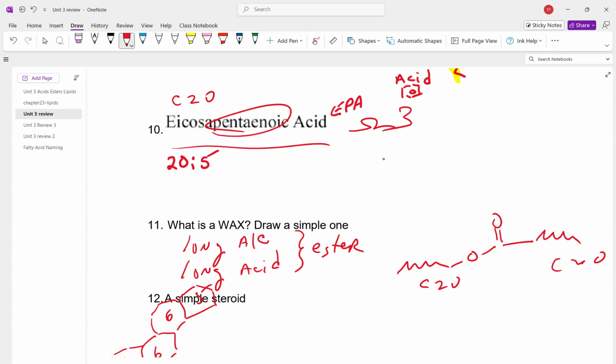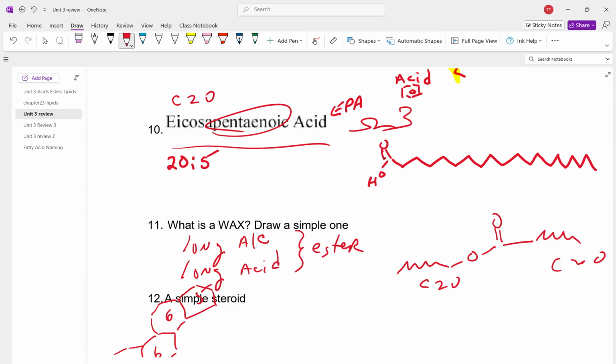Now, how do you know where the double bonds are? I would suggest drawing your acid first. We have 1, 2, 3, 4, 5, 6, 7, 8, 9, 10, 11, 12, 13, 14, 15, 16, 17, 18, 19, 20. Okay, so we have 5 double bonds.